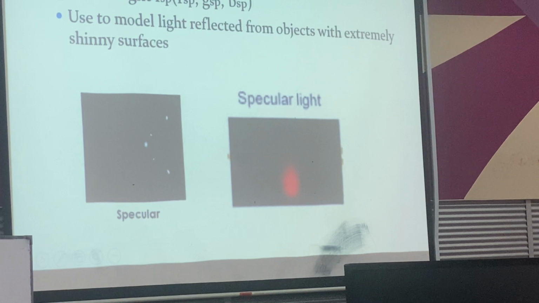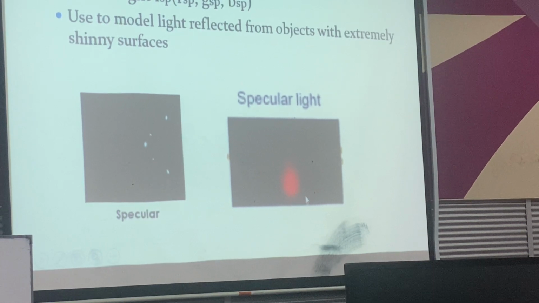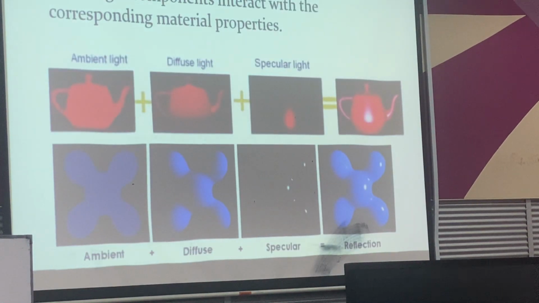SP means specular lights, I is intensity, so RGB, red, green, blue. For the teapot, this part will be the specular lights, the extremely shiny surface. When you shine the directional lights on it, then you will get the shininess.